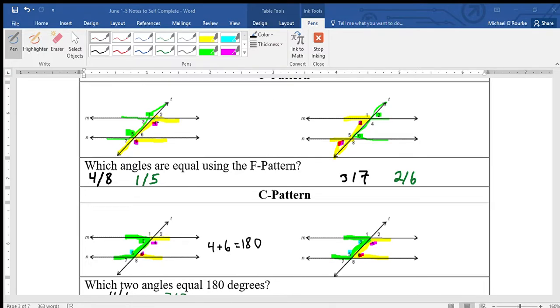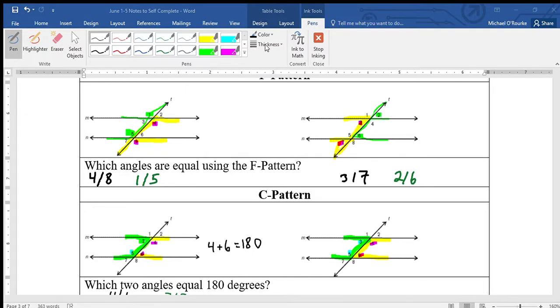So we know that 180 is the full C. So let's minus 100 off, so we get 80 degrees. Right, so we know that is 80, and that is the C pattern.